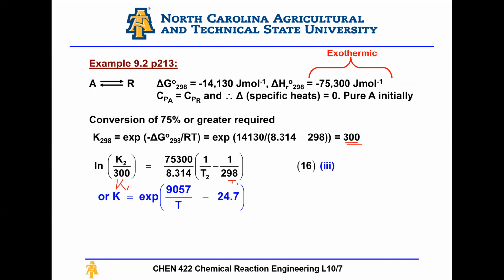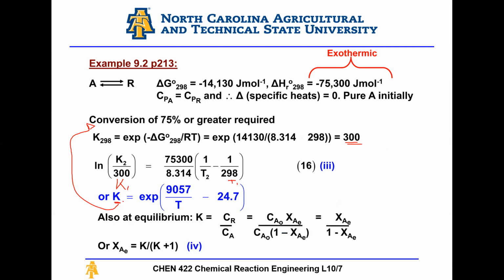So how can I get from having an expression for the thermodynamic equilibrium constant to the reaction conversion? You need to remember the definition of the thermodynamic equilibrium constant, which is K is equal to CR over CA. Your thermodynamic equilibrium constant is the concentration of products over concentration of reactants. You should know this from your chemistry courses or from the basic courses. I'm going to rewrite these concentrations in terms of conversion.